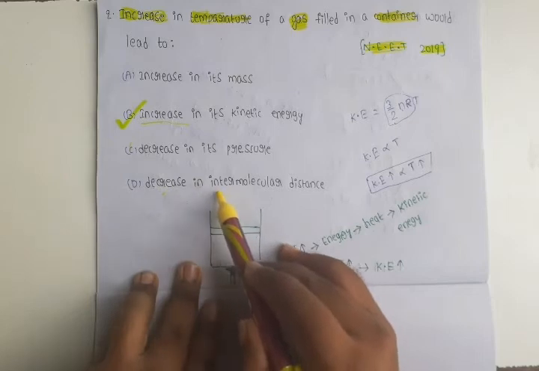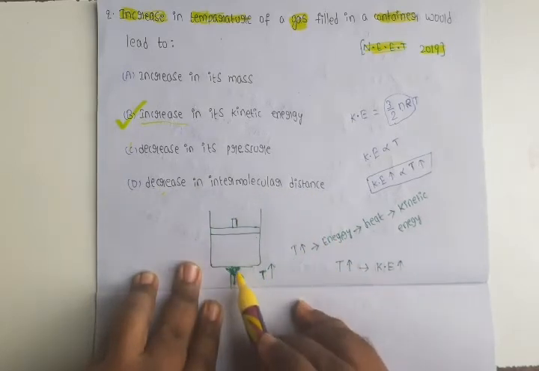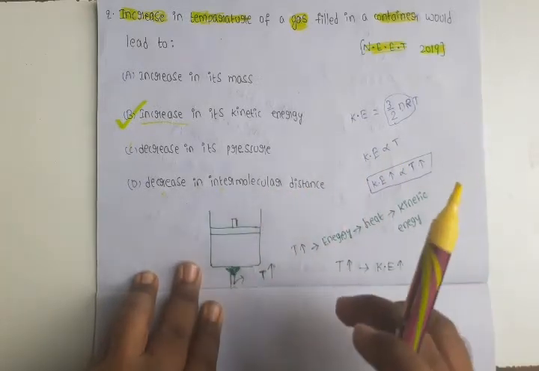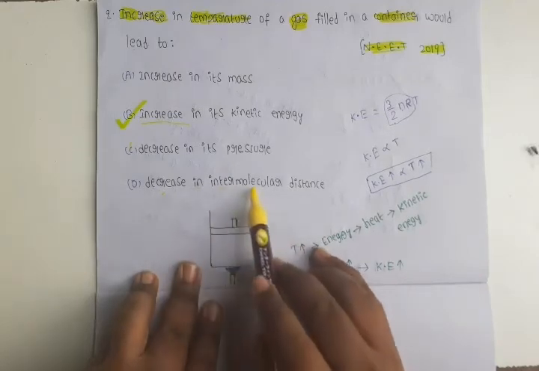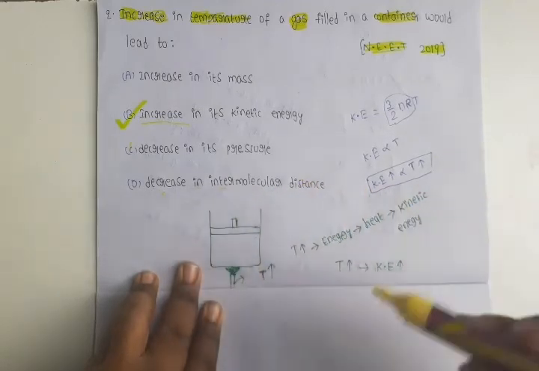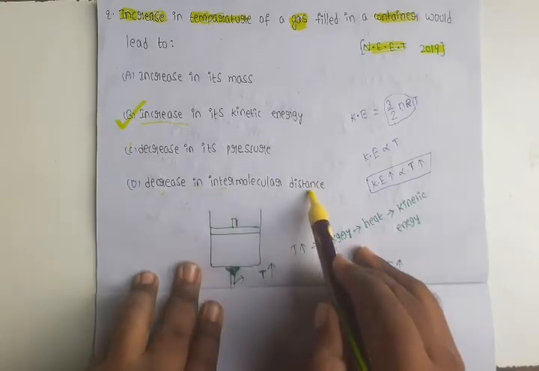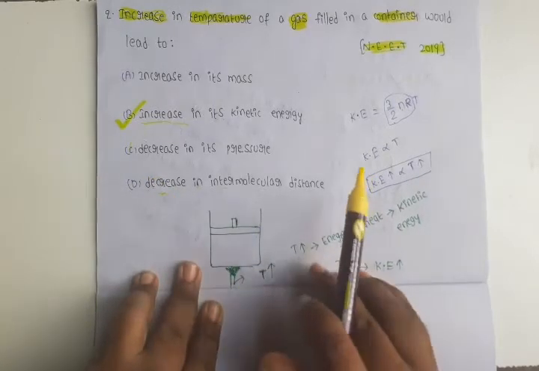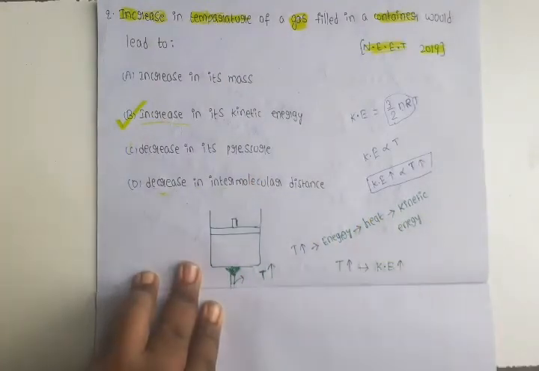Decrease in intermolecular distance: when you increase the temperature, the intermolecular distance increases, and when you decrease the temperature, it decreases. Here it says decreases, so this is also a wrong option. So option B is the correct answer.